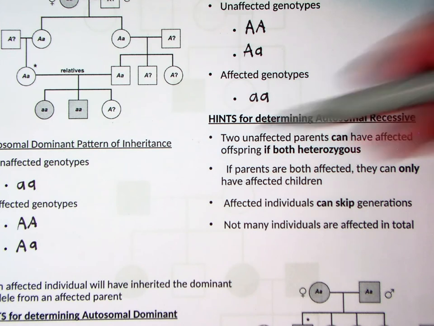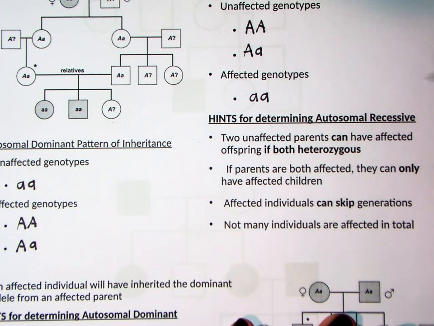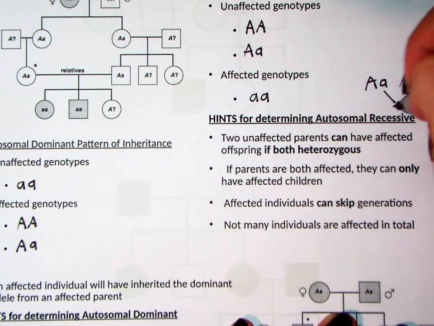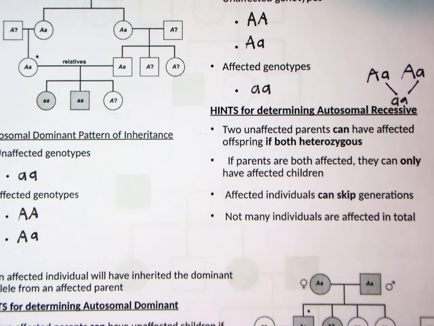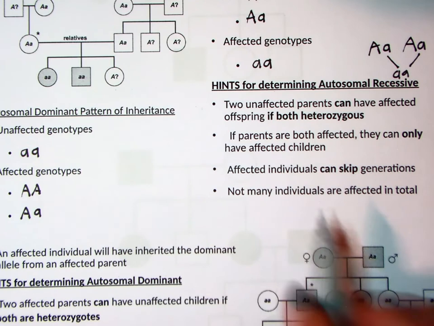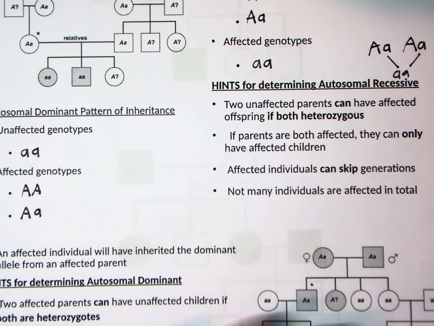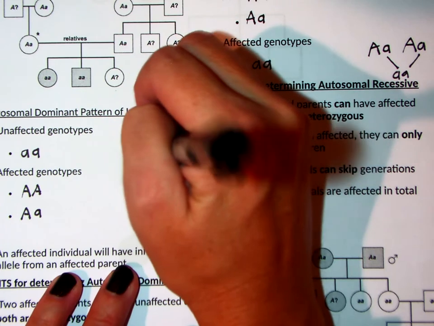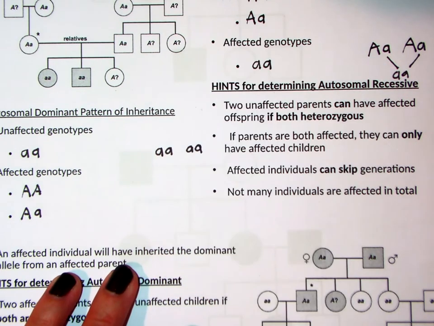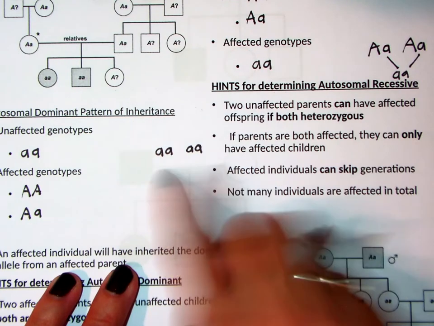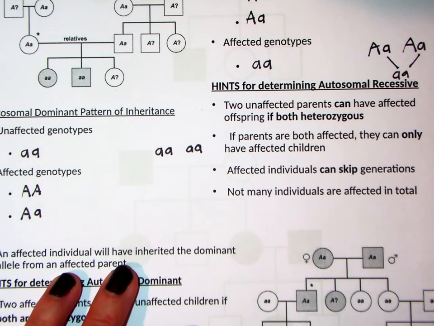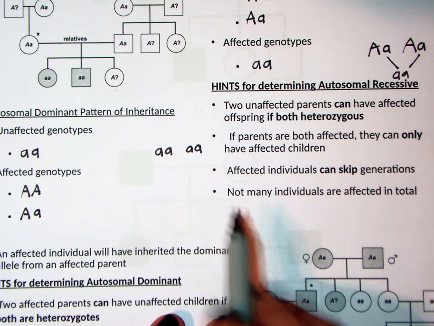If you have a big A, little a, and a big A, little a, both of these parents are unaffected because the disease is recessive, but they can both pass on their little a's to have an offspring that is affected. And if both parents are affected, they can only have affected children. The only alleles they can pass on are little a's, so 100% of their kids are going to be little a, little a. Affected individuals can skip generations.